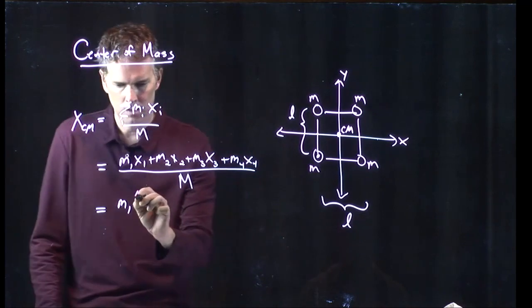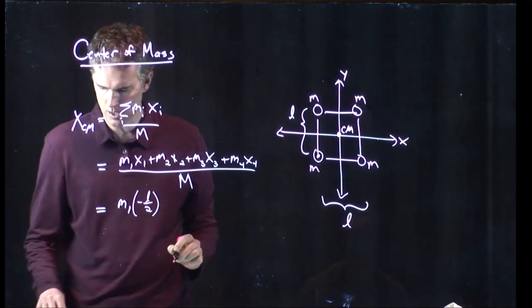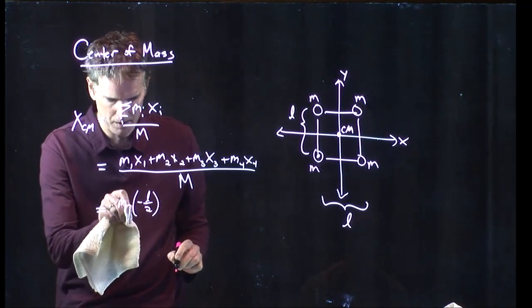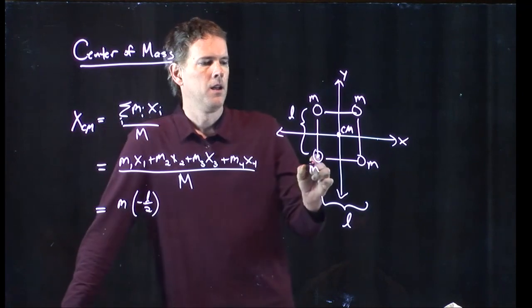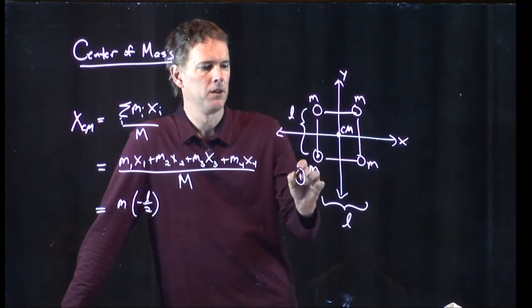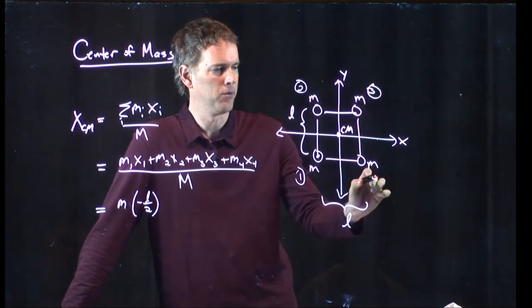Okay? So negative L over 2 for that first one. And that first one, we also said, is just mass m. So we'll take out that subscript. This is number 1. This is number 2. This is number 3. And this is number 4.